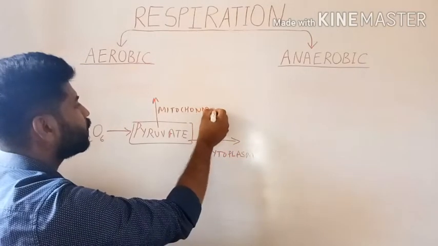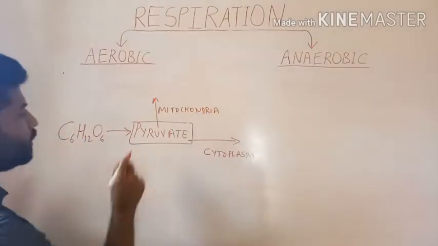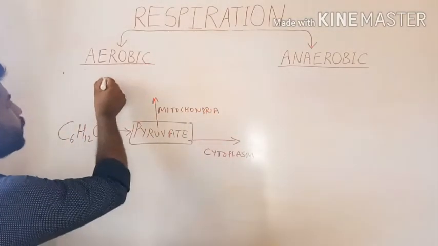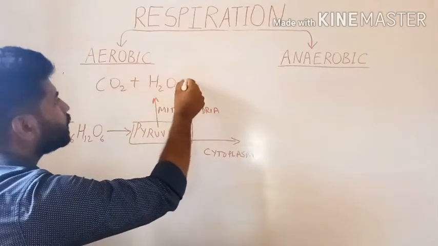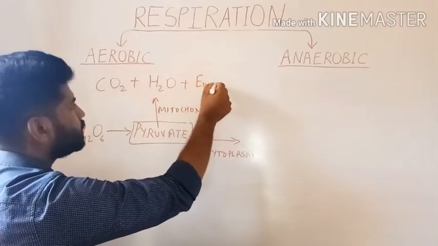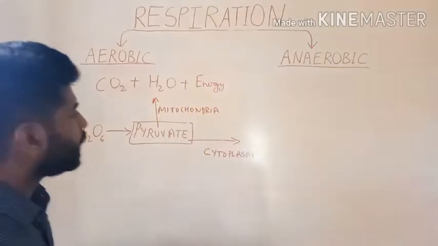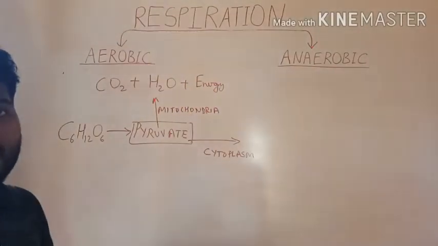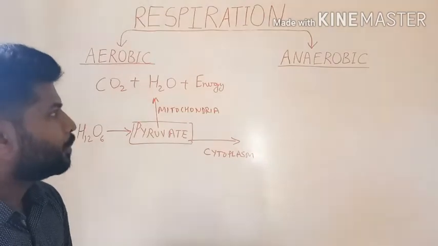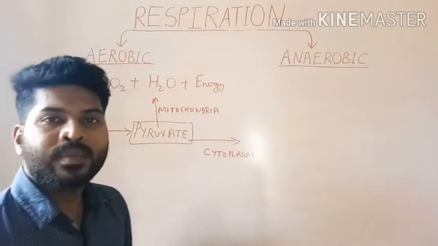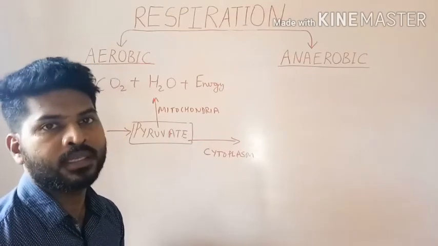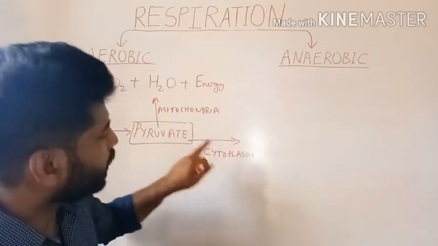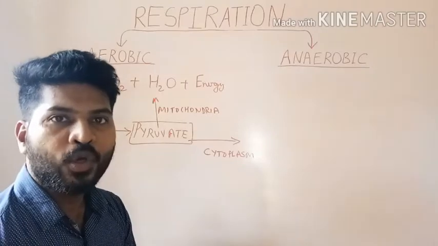In the case of aerobic respiration, the pyruvate produces carbon dioxide, water and energy. This is what takes place in most of the organisms. But in small organisms like bacteria, they don't require much energy. So the pyruvate remains in the cytoplasm.